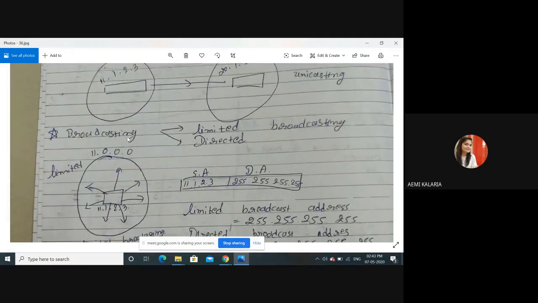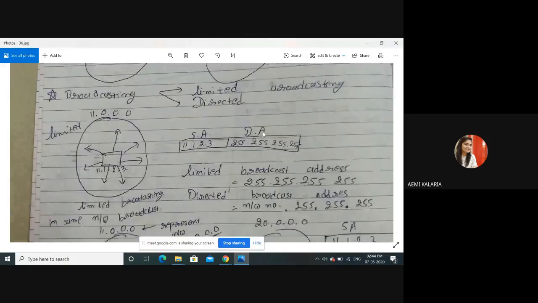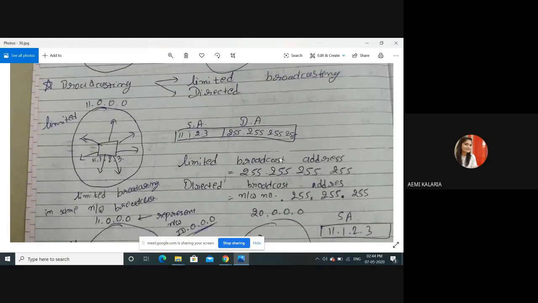But in broadcasting, let's say 11.1.2.3 wants to broadcast something to the whole network or another network also, right? Two types of broadcasting are there. First one is limited broadcast and second one is directed broadcast. So whenever I want, this is the source address, right? 11.1.2.3, right?